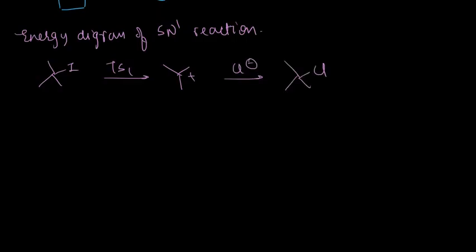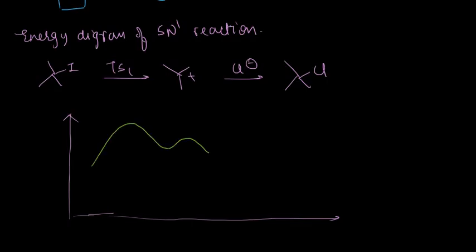Now how will it look on a scale? It will go like this, and it will go like this. So it is transition state 1, it is transition state 2.